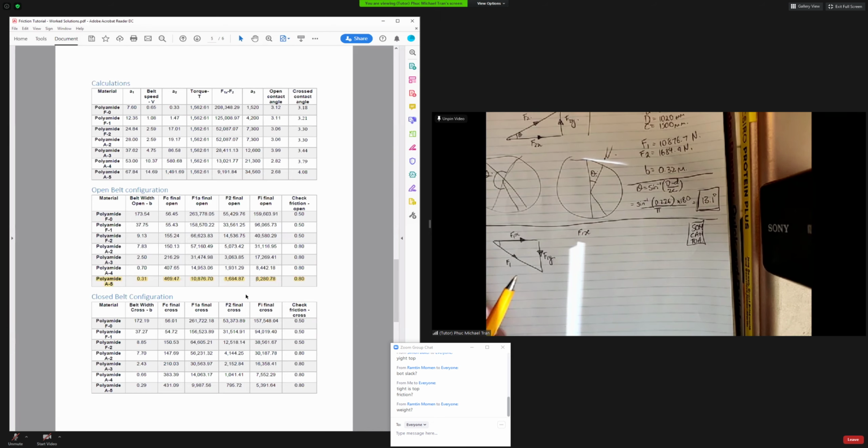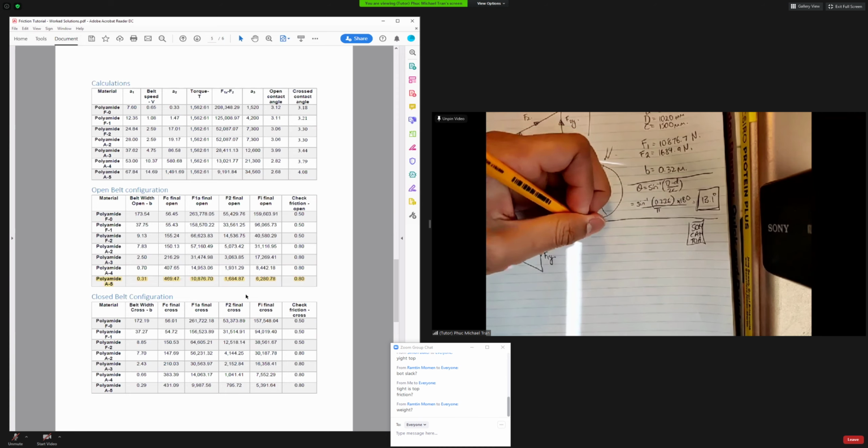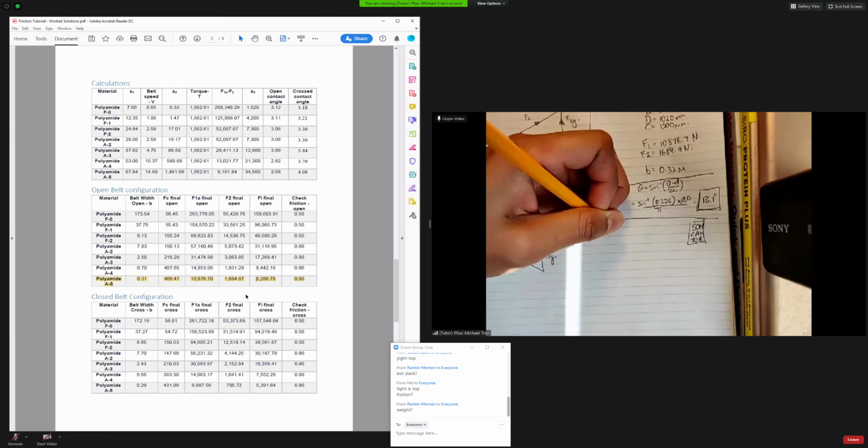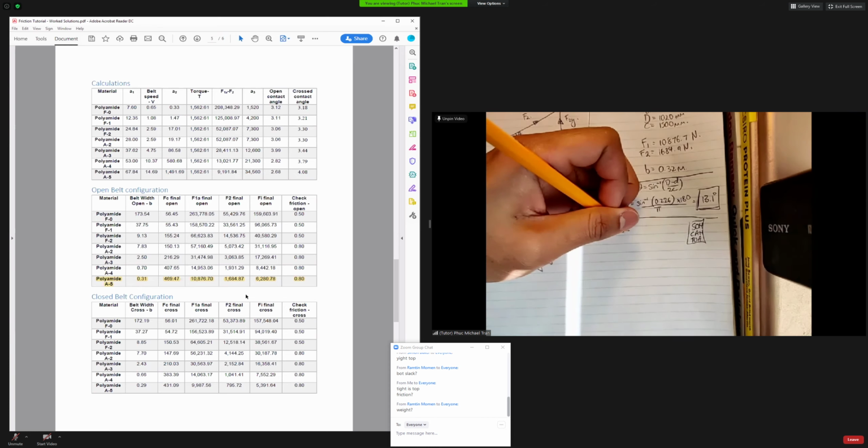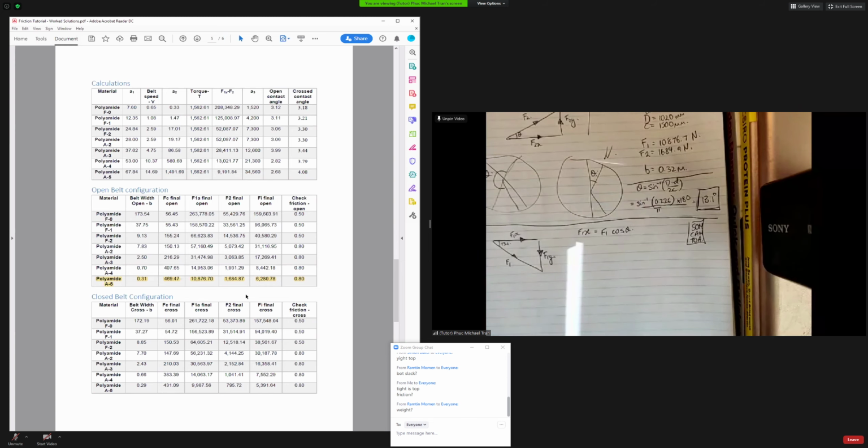So therefore, to get F1x, the adjacent, you'll use F1 times cos of whatever that angle is.